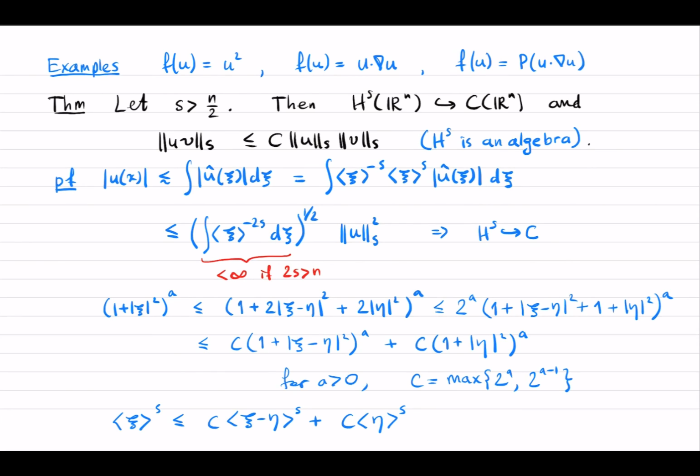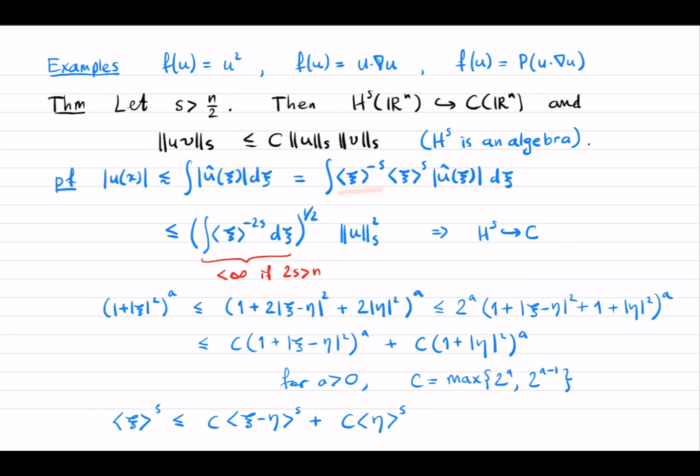Okay, a proof. First, we can always assume that the functions are smooth and compactly supported. Then we use a density argument. So first, you write u in terms of its Fourier transform. We're going to get some constant, and there's going to be e to the power and so on. But when we bound it, all that will disappear, and it says that the maximum is bounded by the L1 norm of the Fourier transform.